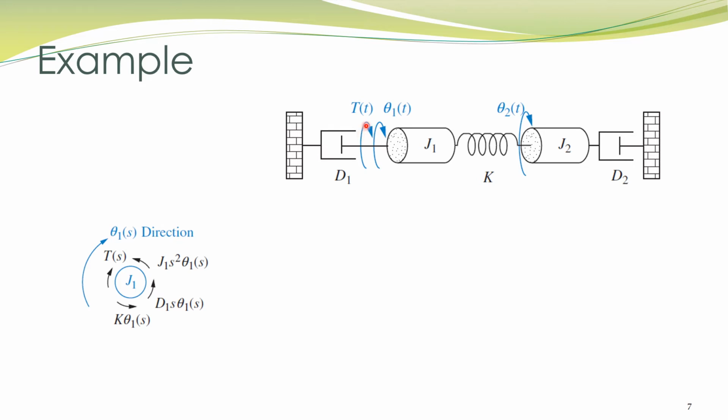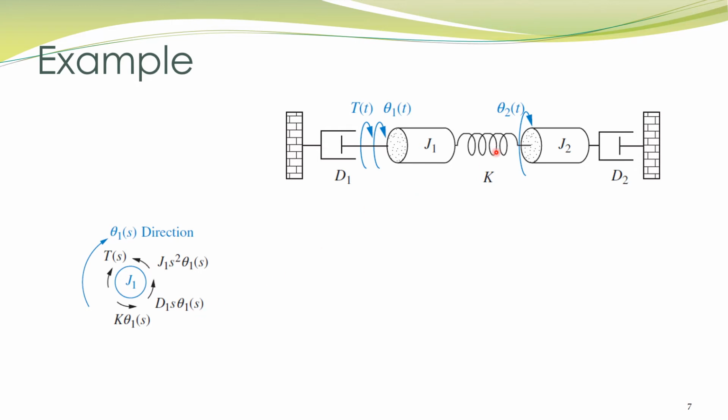So when this torque is applied in this clockwise direction, and there is angular displacement theta 1 in clockwise direction, this damper will apply a torque in counterclockwise direction, and the magnitude of that torque will be proportional to angular velocity, that is D1 s theta 1 of s.